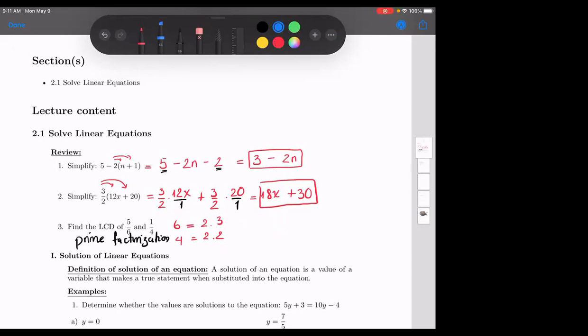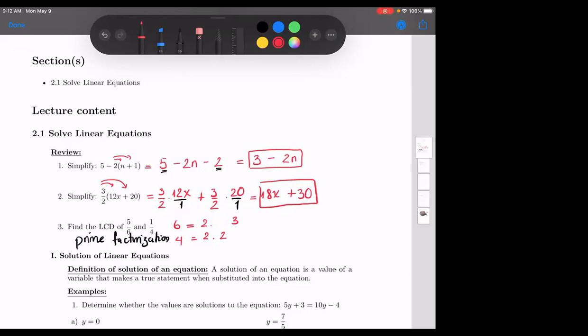Let me rewrite this again. So I have 2 and I have 3 here, and then times 2. All right. So let's do number 2 first. The 6 has 1, 2, but the 4 has 2, 2.